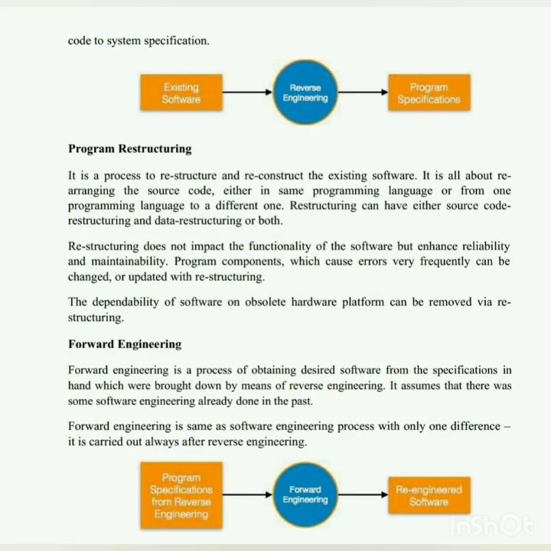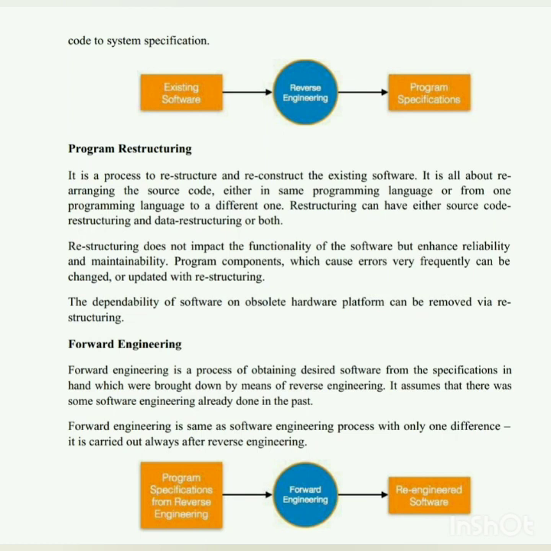If we look at the diagram, initially we have the existing software, then we apply reverse engineering, and from the existing system we can become aware of the program specifications. Even when we do not have the specifications, by applying reverse engineering we can assume these are the specifications of our program.